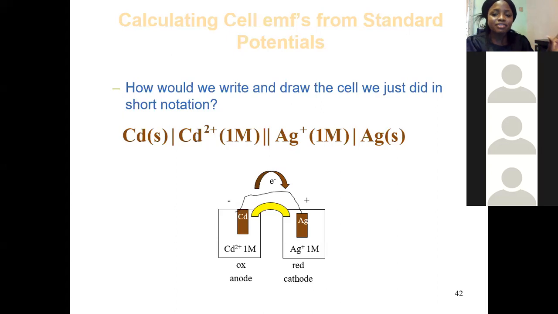If the question is given this way, you can balance the equation as you would a redox reaction. And for the first one, which is written as an oxidation, you would reverse the E naught value. If it is positive, it becomes negative. If it was negative, it becomes positive because it is now in oxidation.